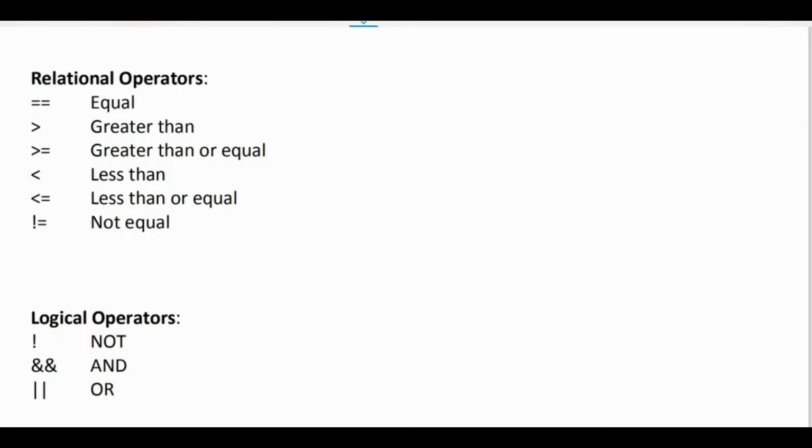This is the symbol for the not, the symbol for the and the symbol for or operator. Now again, just like relational operators, for logical operators and or, it consists of two symbols, and again, there is no space in between.